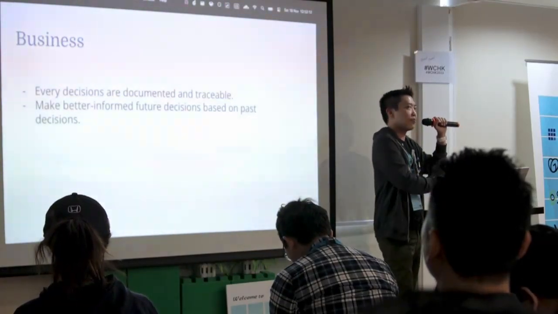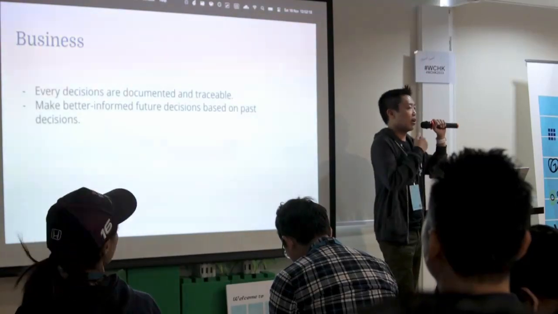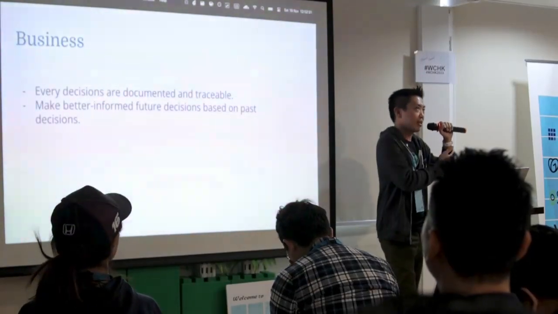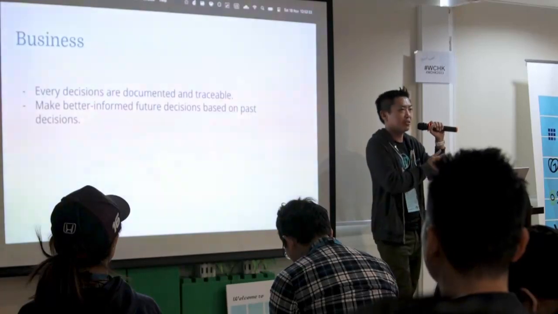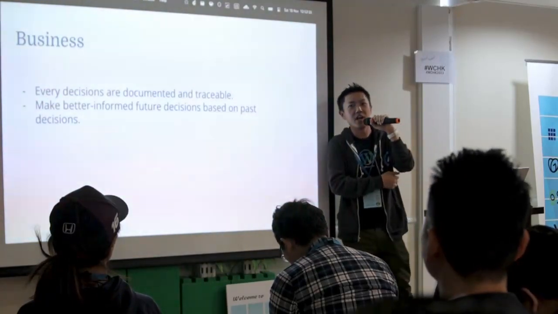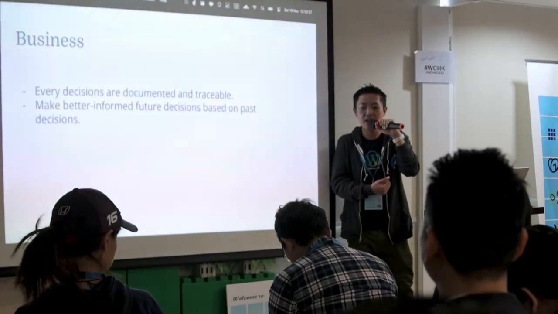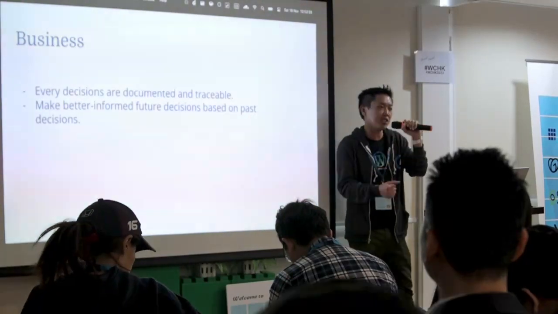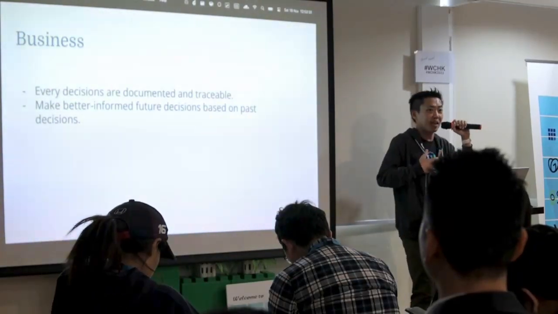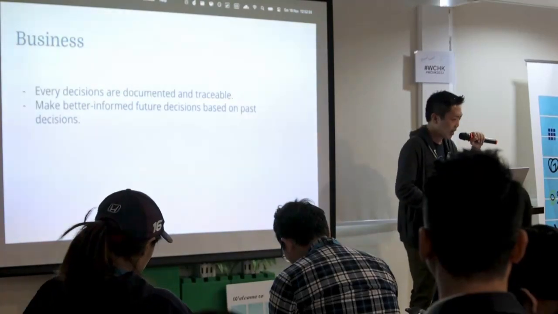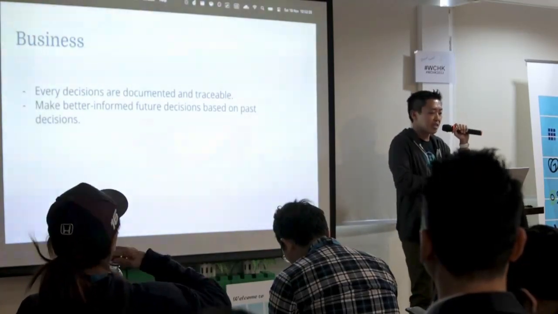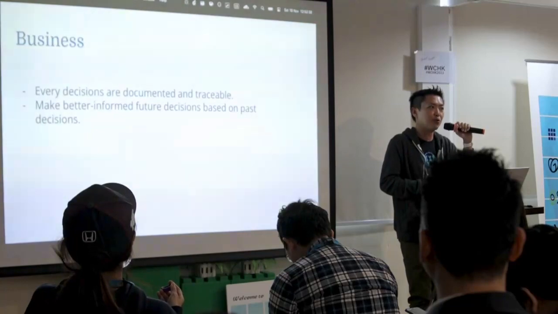And then there's a post where I can see the reason they made that decision is because of this reason, that circumstance, that kind of situation. And from there, I can judge whether I should change this or not, from my technical development point of view. But the thing is, with all these things being documented, we are able to make better decisions.